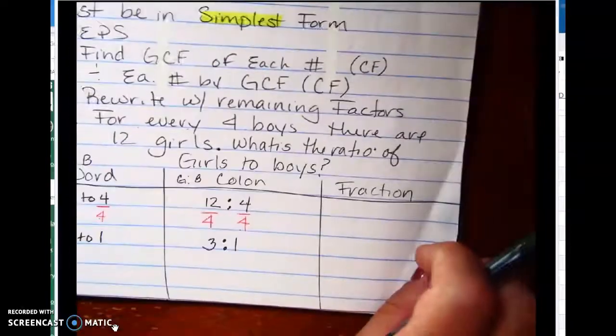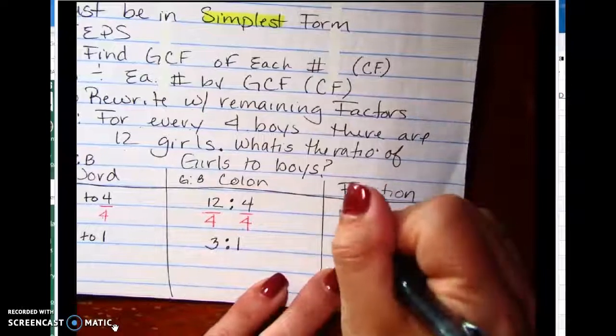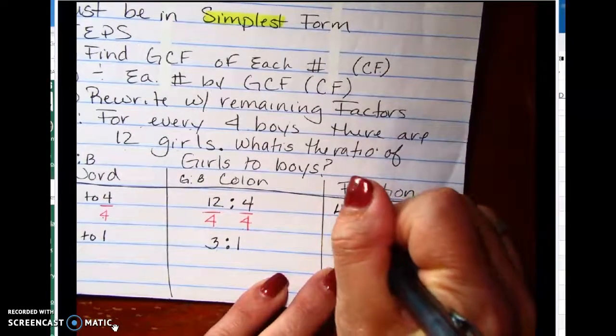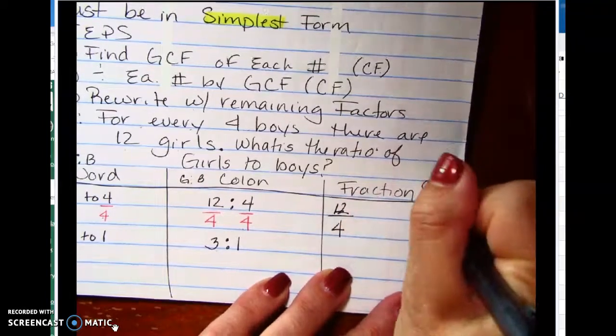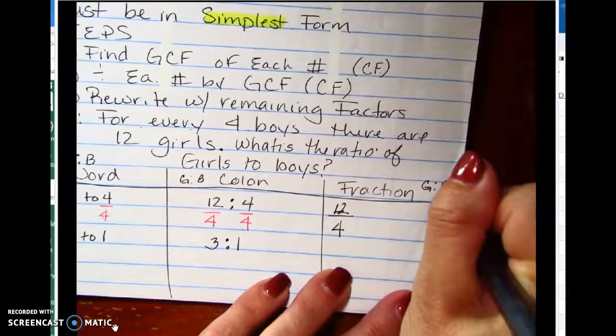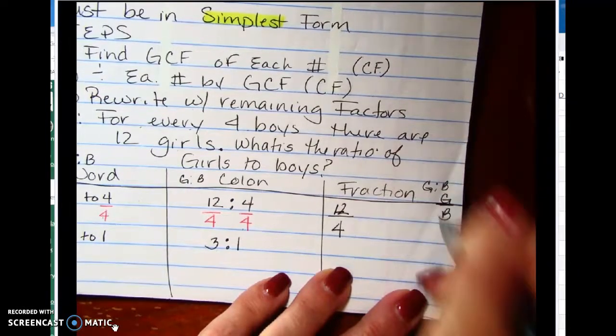Now, what about the fraction way? Well, I think you're getting it. So if we have this fraction, we have 12 to 4, because it's girls to boys, and in fraction form it would be girls to boys.